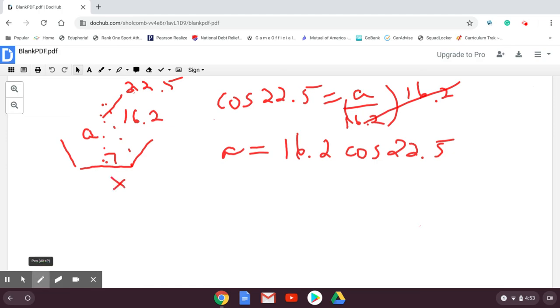That x is going to give me half of one side, double it, and then multiply by the number of sides to find the perimeter. So that is an opposite over a hypotenuse, which is a sine calculation. So the sine of 22.5 is equal to the opposite side x over 16.2.